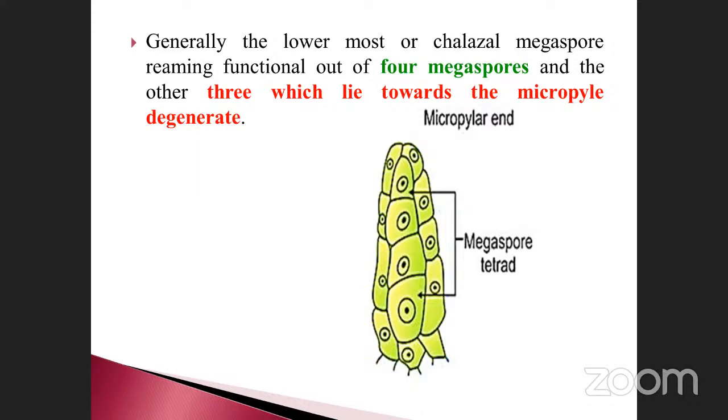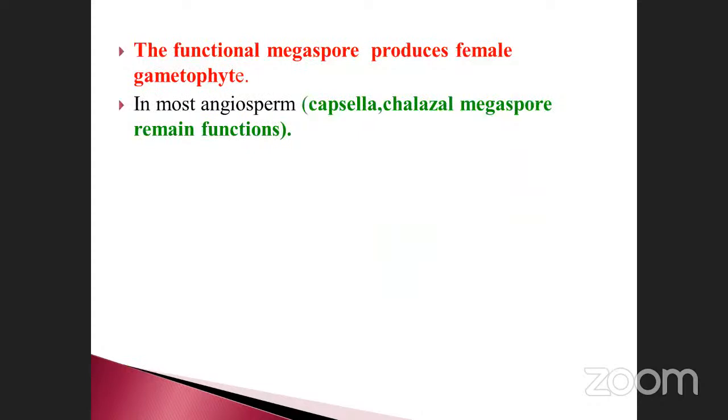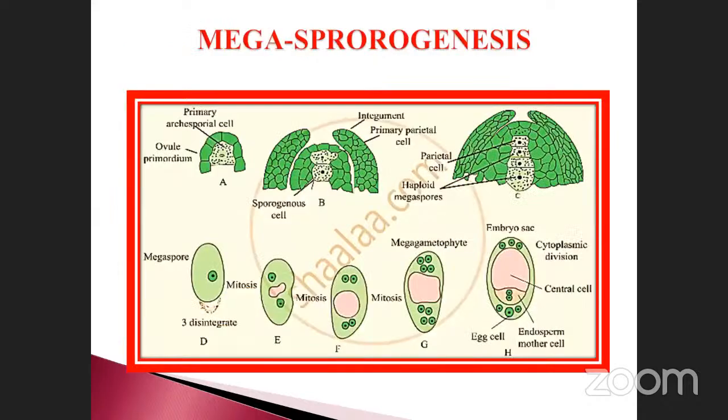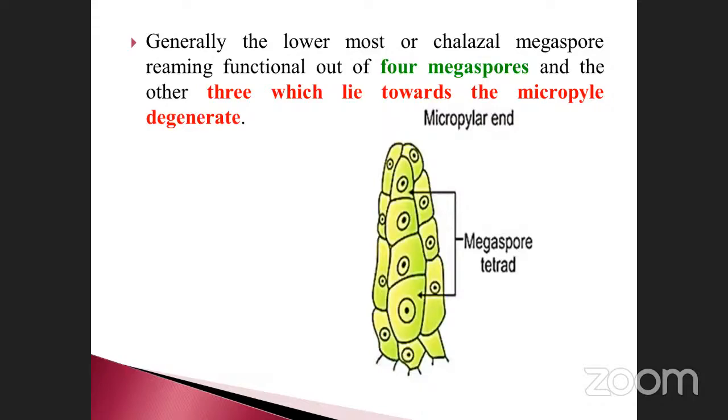Which one is the top? It is the micropylar end, and the micropyle is in the ovule. There is a pore-like structure. See the diagram, then only you can easily understand it. Which one is called the micropylar end?